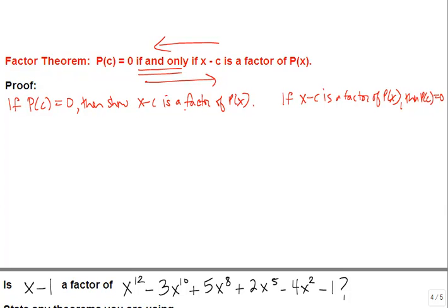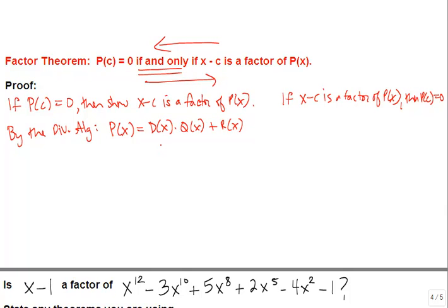Now, the only place to really start here is with the division algorithm. So by the division algorithm, we know that P of x, by definition, is your divisor d of x times your quotient q of x plus your remainder r of x.